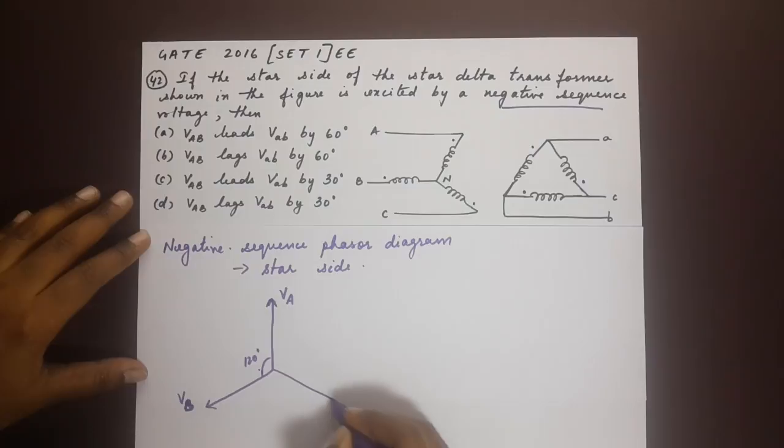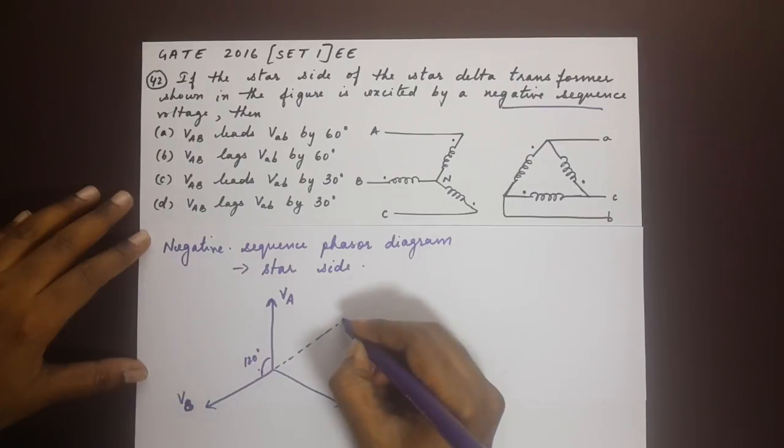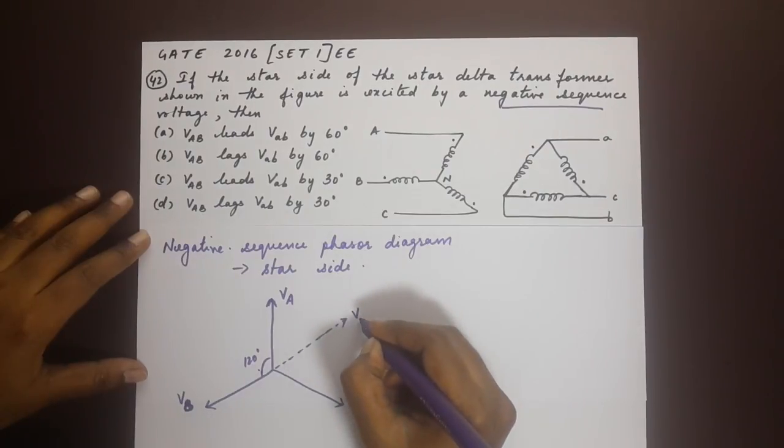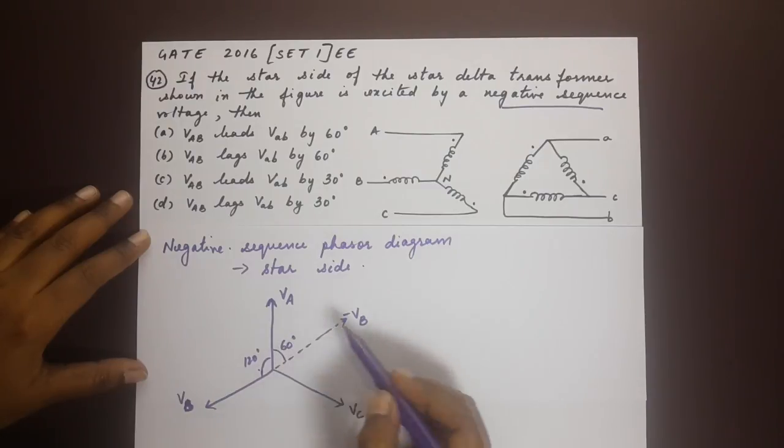And then we have our next and final VC here. So there's 120 degrees between each phase here. If we take the phasor opposite to represent minus VB, we'll notice that it is exactly half of the angle between VA and VC. So therefore this would be half of 120, which would be 60 degrees.